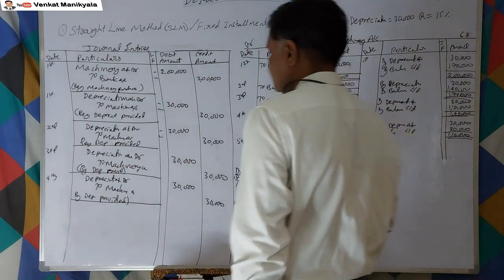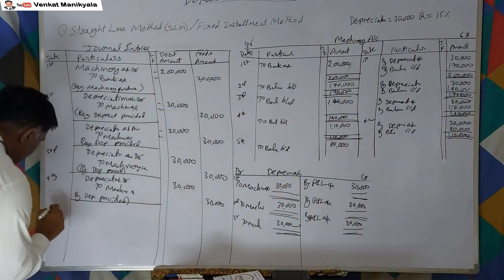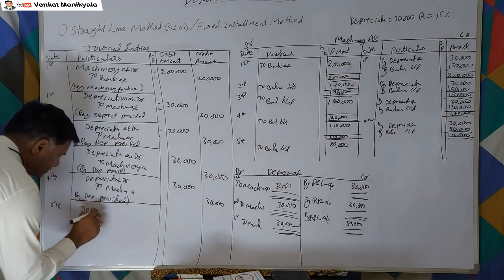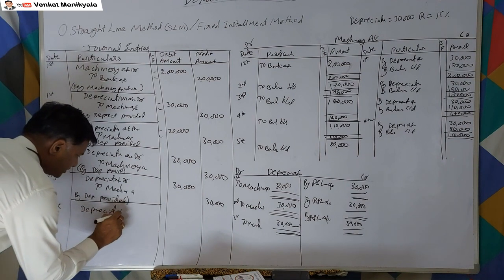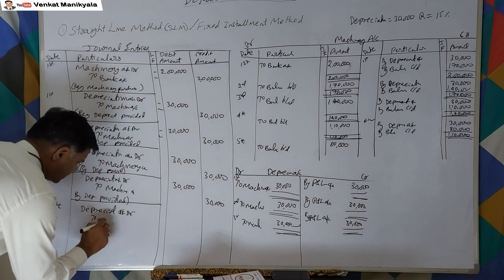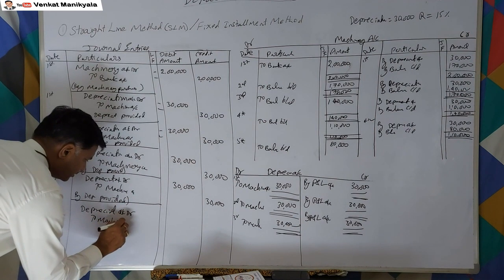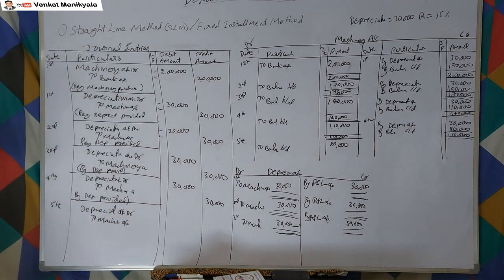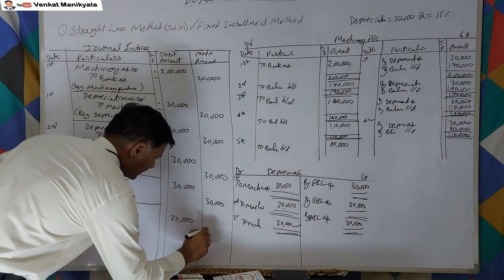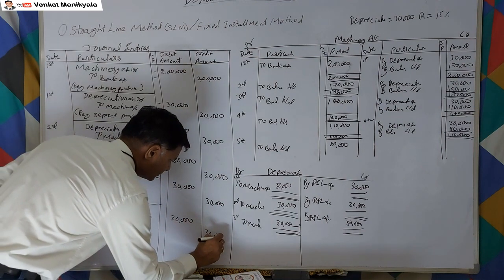So see here on the fifth year, what happened? Depreciation, normal depreciation we have to provide. Depreciation account debtor to machinery account, right? To machinery account. So 30,000 and 30,000, right?